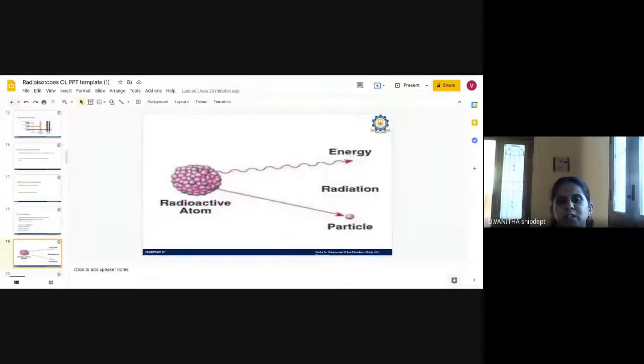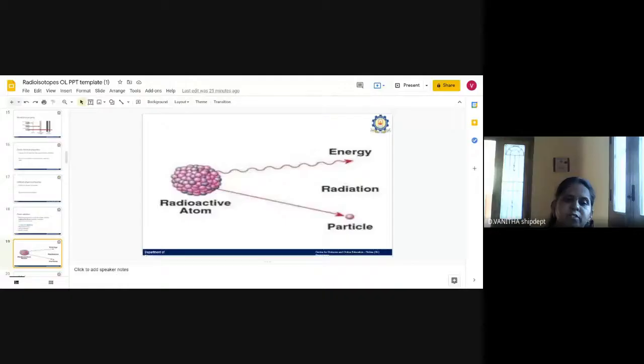Next, how does the radioactive atom get the energy and release the particle? All radioactive atoms are unstable, so they emit particles like alpha, beta and gamma, and some energy is also released from the radioactive nucleus.